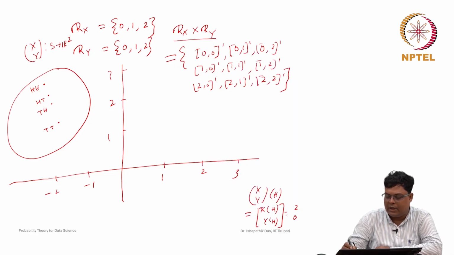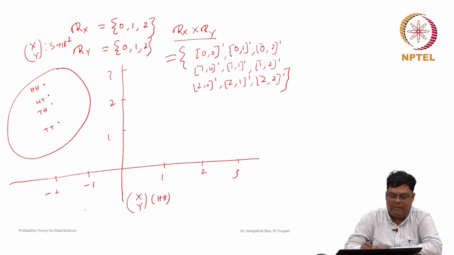Sorry, just one minute, let us write down again. Let us find out what (X, Y) of head head is, one of the elements of S. By definition, this is nothing but X of head head and Y of head head.